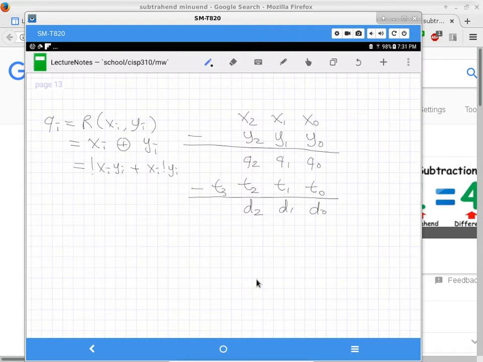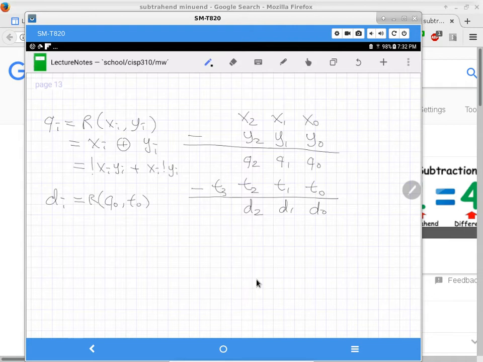Okay, so we got the Q's. What about the D's? Let's deal with the D's first. Di is the result of subtracting T0 from Q0, right? So how do we work this out? It's the same R. It's the result of subtracting, this is Q0 and T0, sorry.